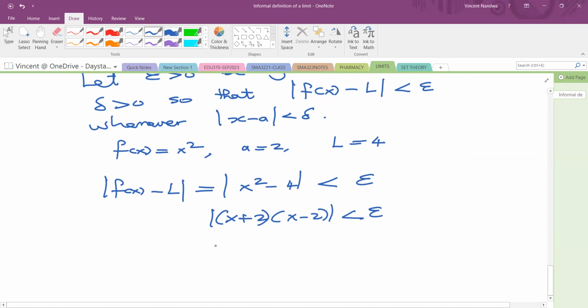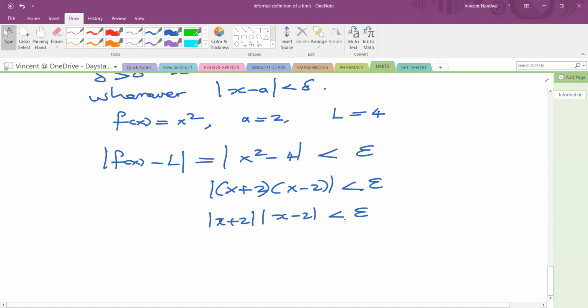So this means that the absolute of x plus 2 times the absolute of x minus 2 is less than epsilon. Or you can say the absolute of x minus 2 is less than epsilon over the absolute of x plus 2.